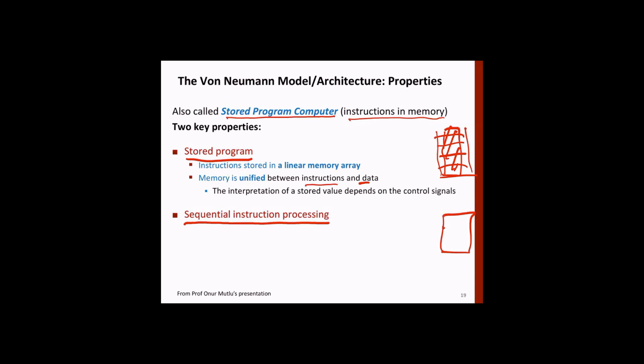Now, interpretation of the stored value depends on the control signals. How do you know a memory contains both instructions and data? Let's assume this is an instruction and that's data, and we are reading something. How do we know this is an instruction, not data?